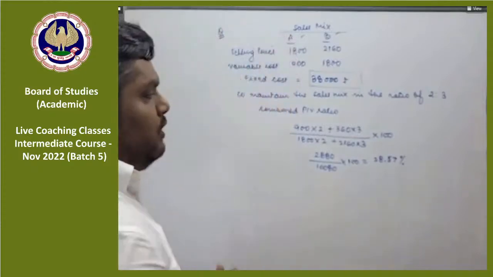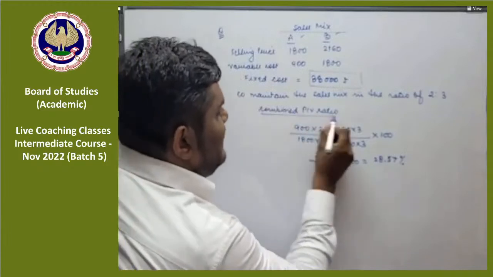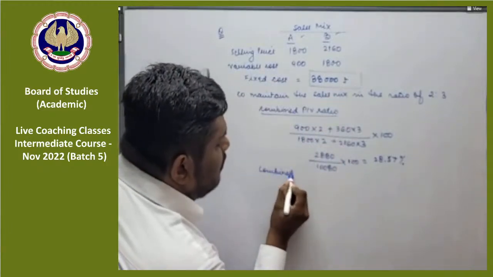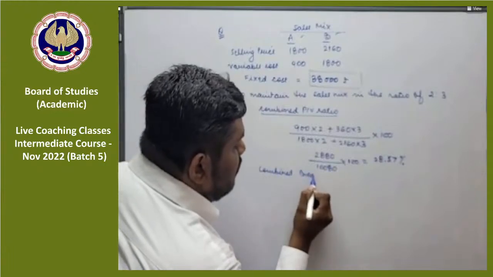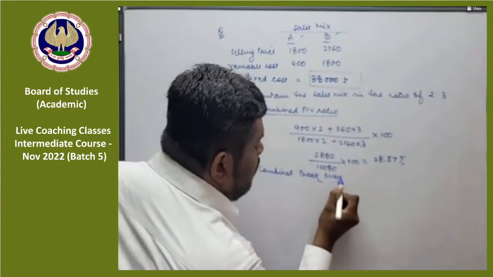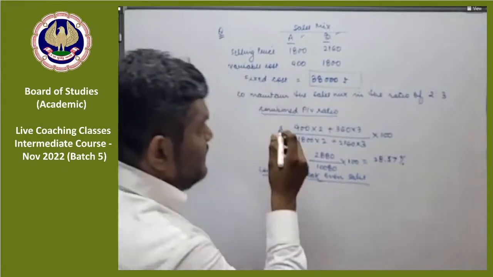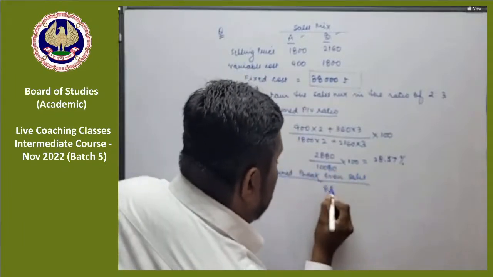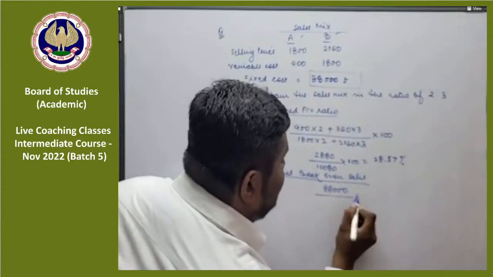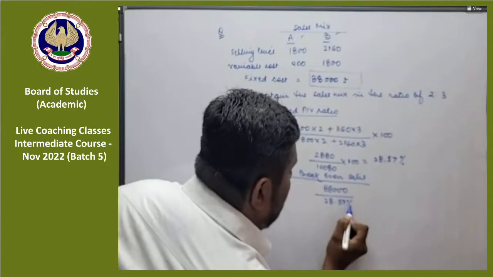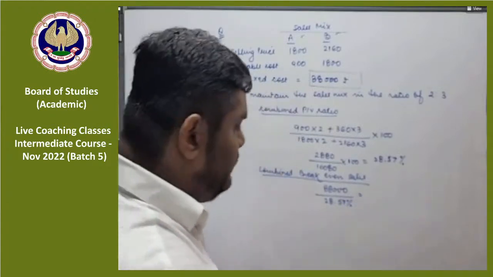Now when talking about combined break-even sales, we can easily calculate the combined break-even sales. That is fixed cost 88,000 divided by 28.57%.